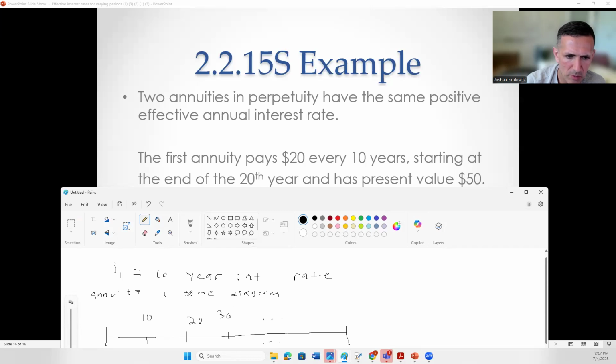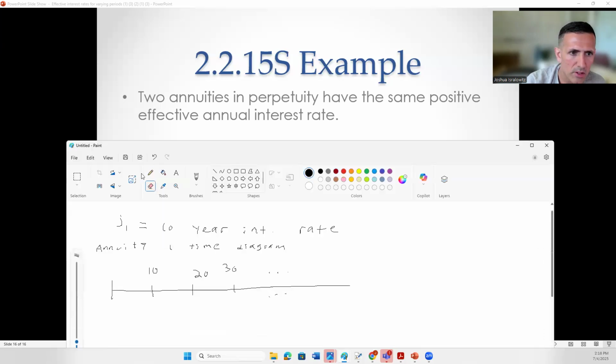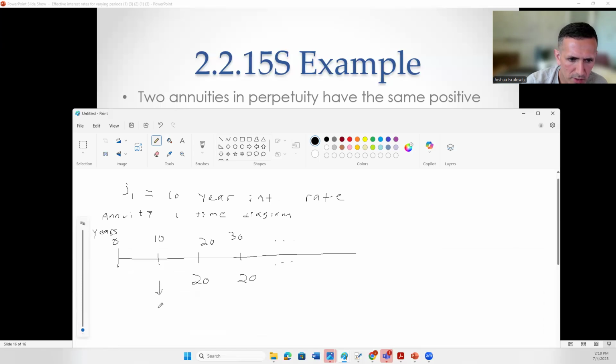So it is in perpetuity, so it doesn't end. Right, so we start at the end of the 20th year. All right, so this is in years. Okay, so this is fairly plug and chug. Present value here is just 20A infinity.